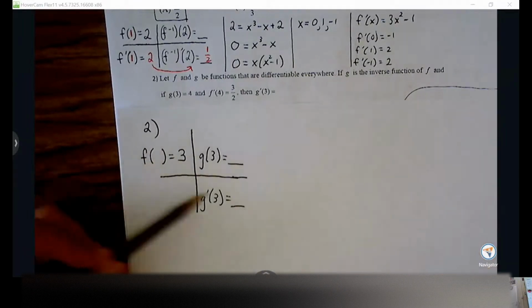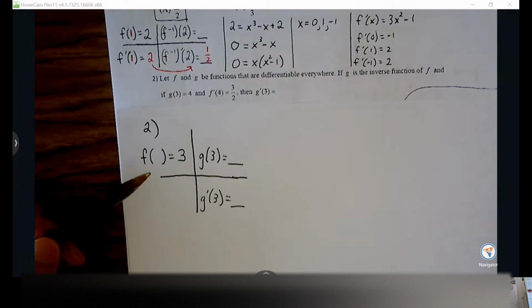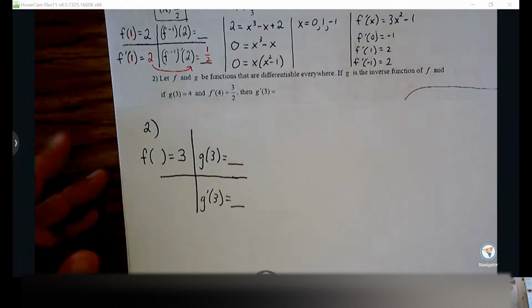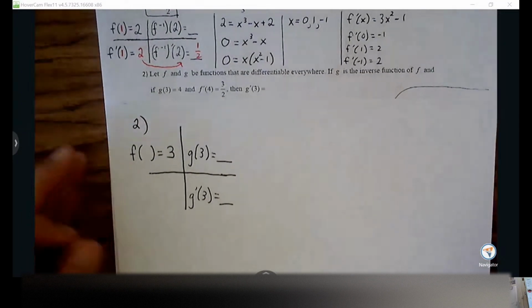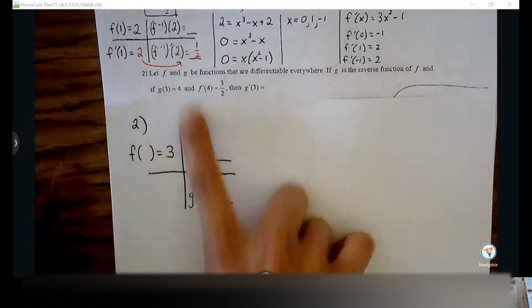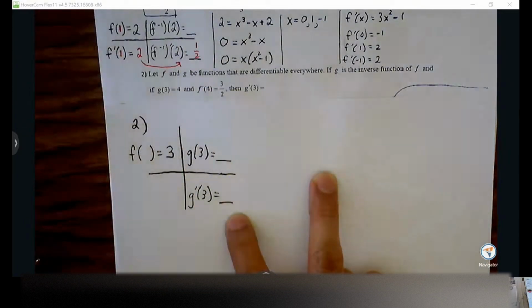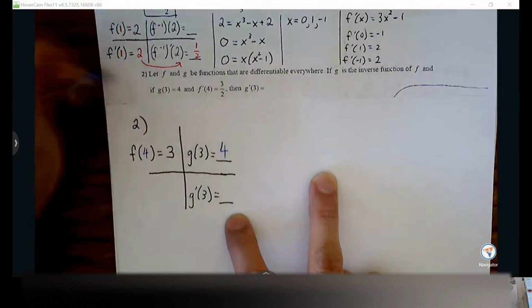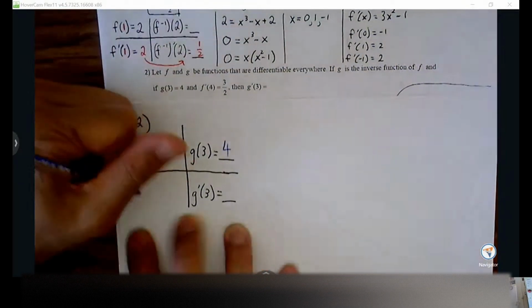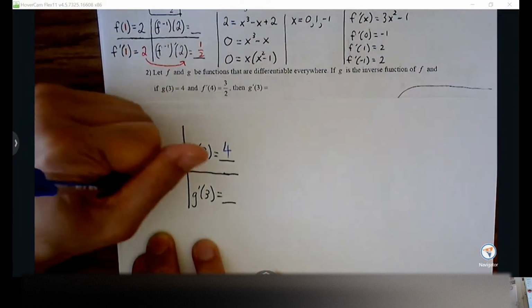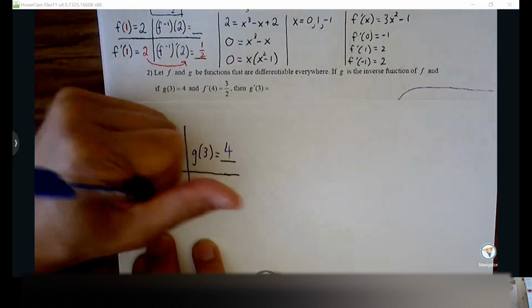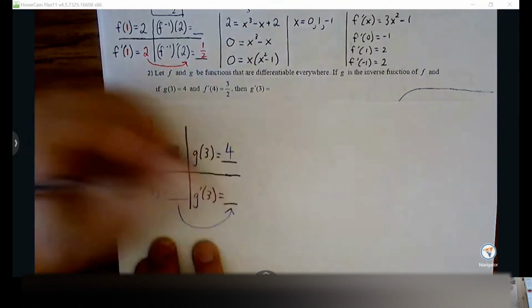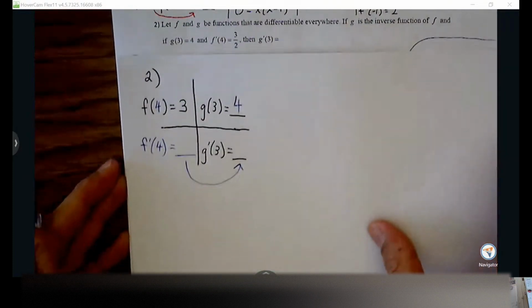So we should be able to do this even without looking at the rest of what's given to us. This problem actually makes it easier because they already give us the y value, so we can just fill those in. We know this is 4, we know this is 4, and ultimately, if I can just find f prime of 4, then whatever I get as my slope is going to lead me directly to the slope on the g side.